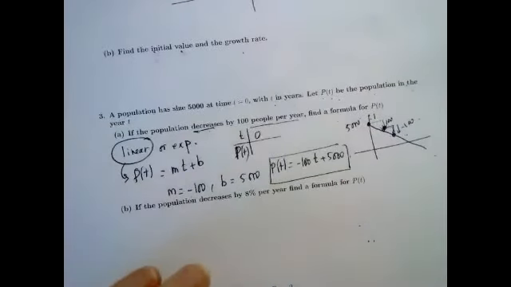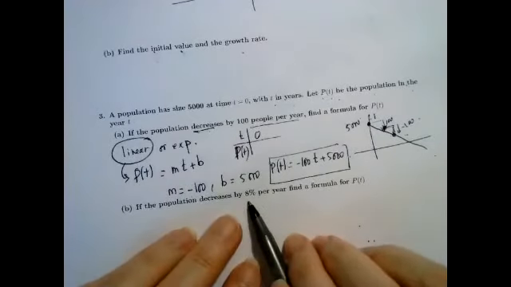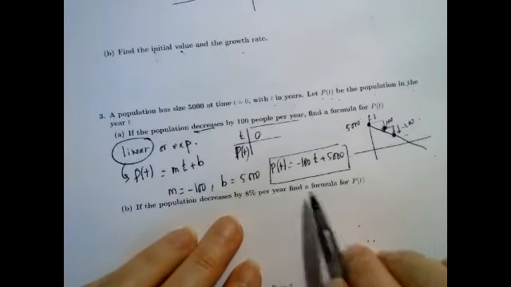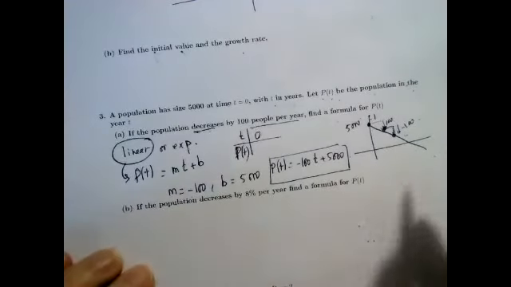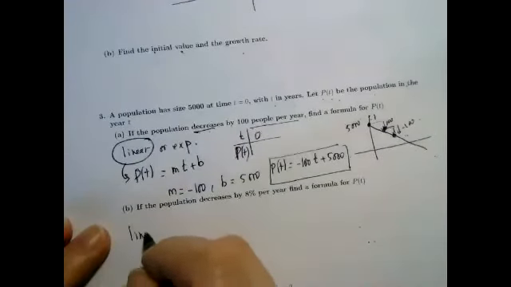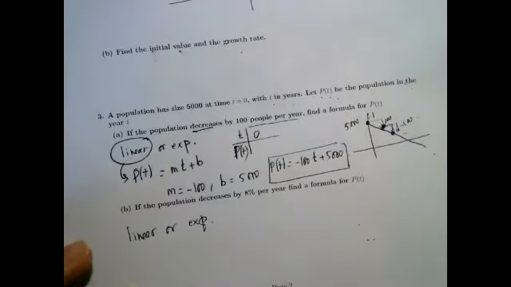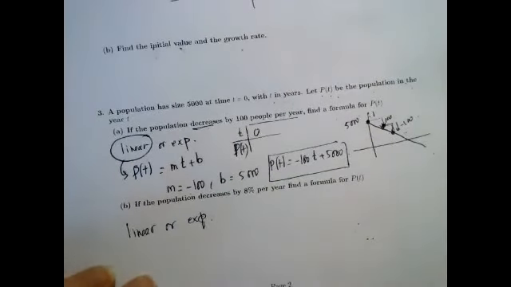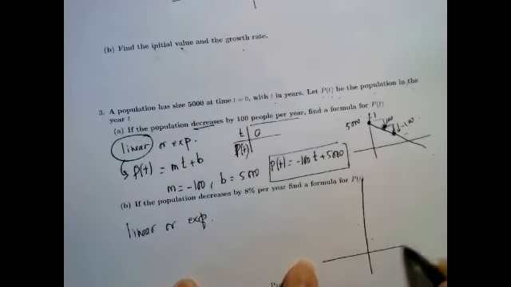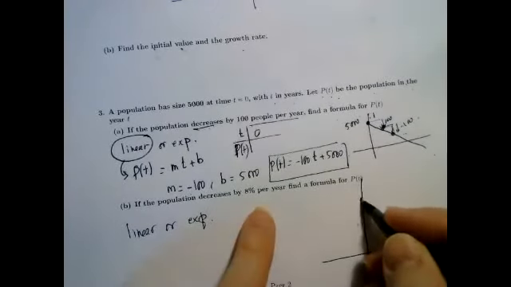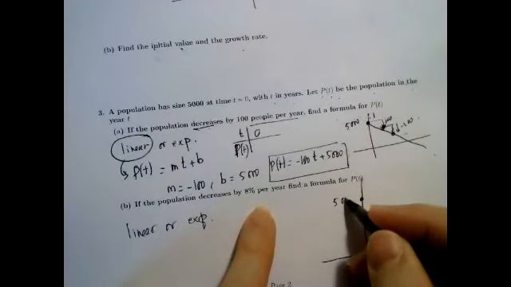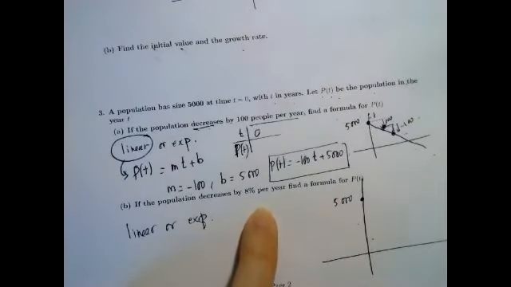Now b. The population decreases by 8% per year. Is this linear or exponential? Is it going to be decreasing by the same amount every year? It's not decreasing by the same amount, because the population starts at 5,000.